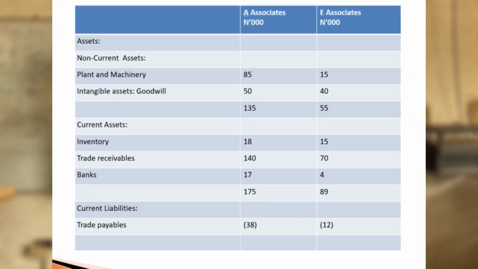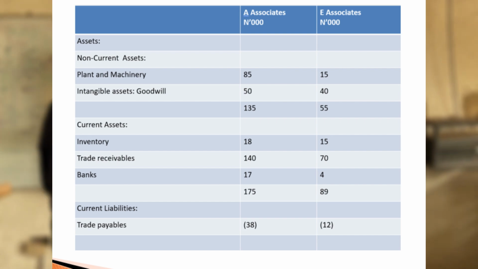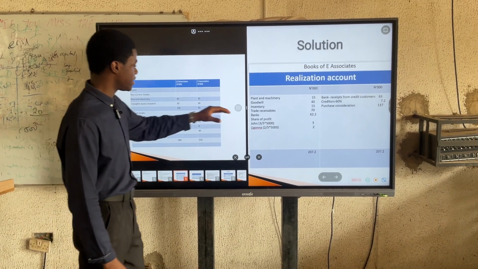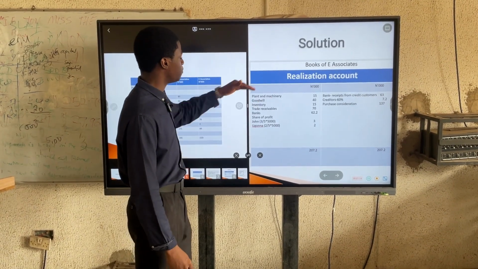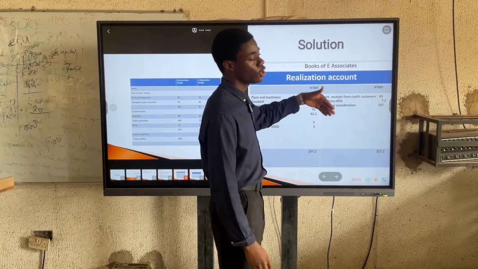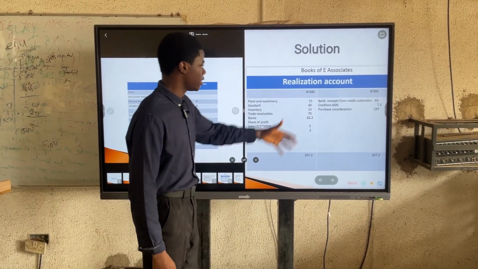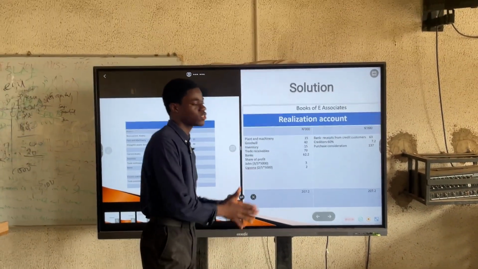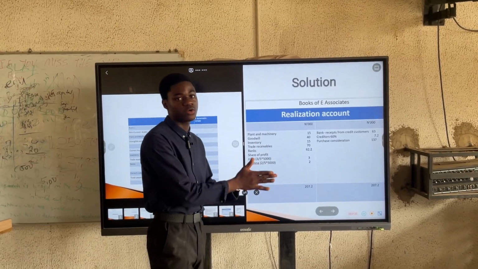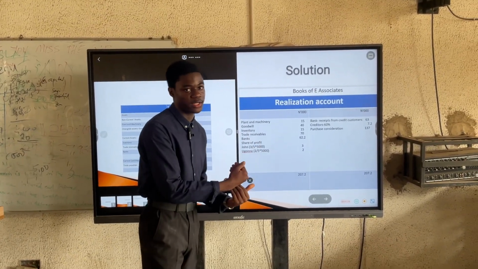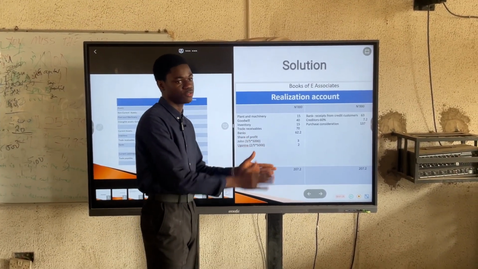For E Associate, these are the book values, the financial statement values. On the debit side we have the book values, and on the credit side the amount realized. We're preparing this account because E Associate is going to be dissolved. It's no longer going to exist because it's been acquired, right? So we have to prepare an account to dissolve it.